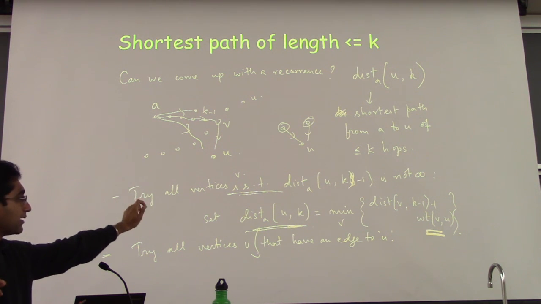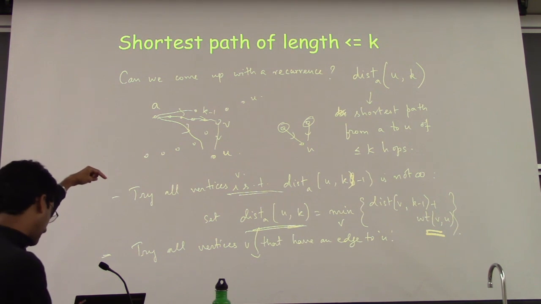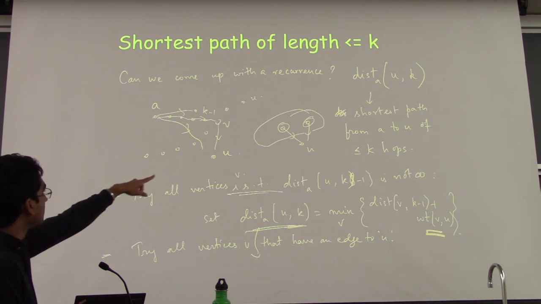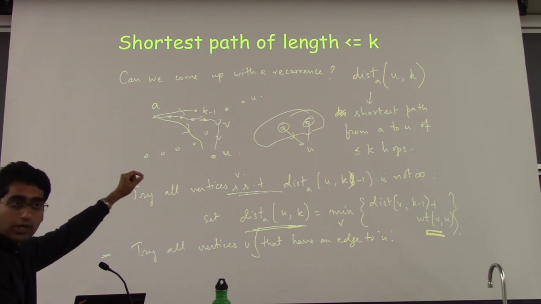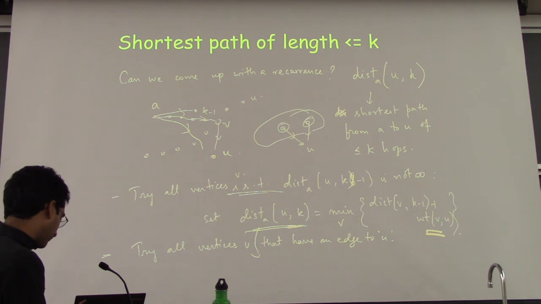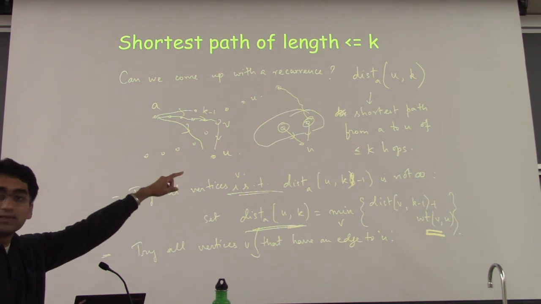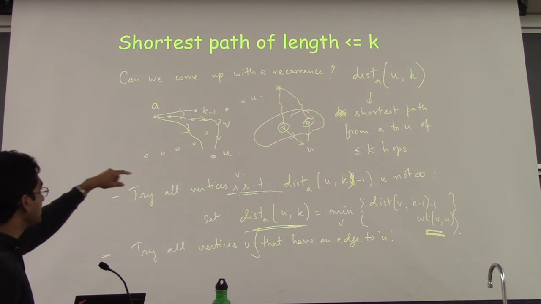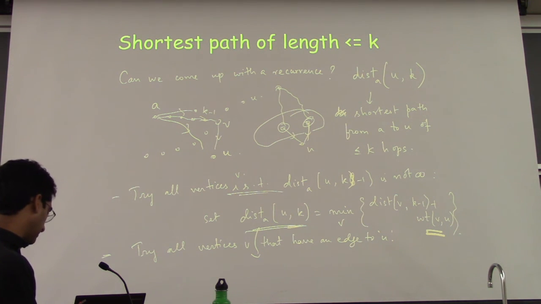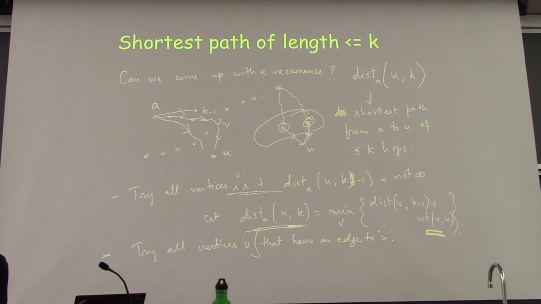The way we are doing it is by saying, I look at all vertices that have an edge to U. Then I try to look for a k minus 1 hop path from A to one of these vertices, and then you take the direct edge to U. That's the only way you could have a k path.